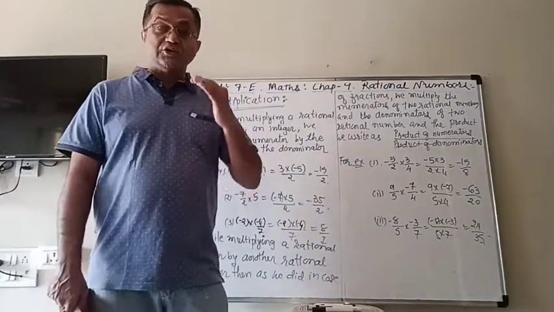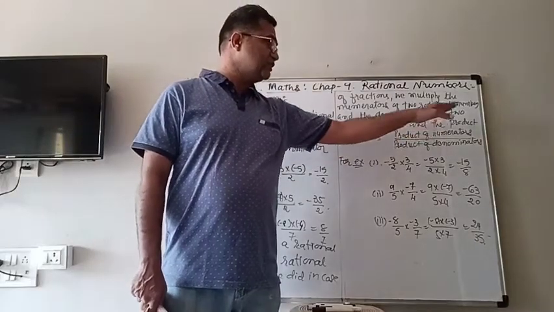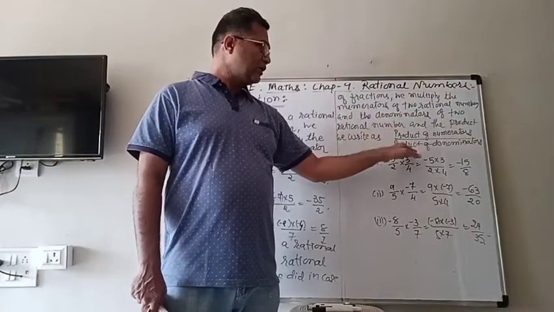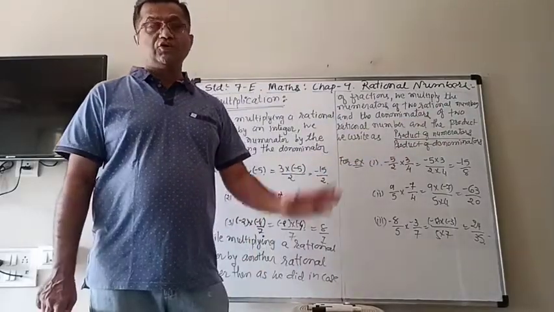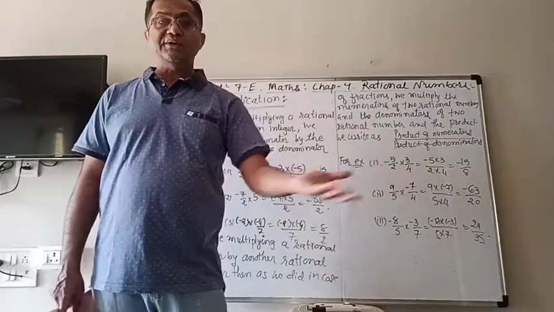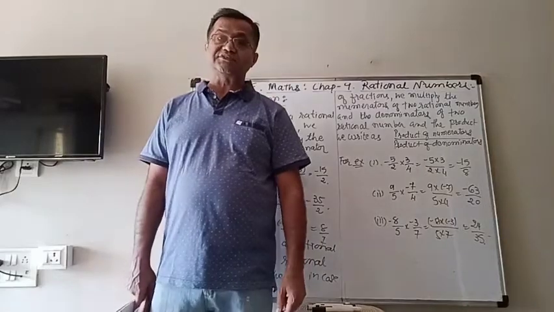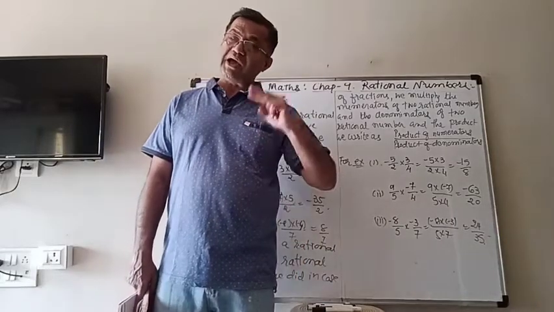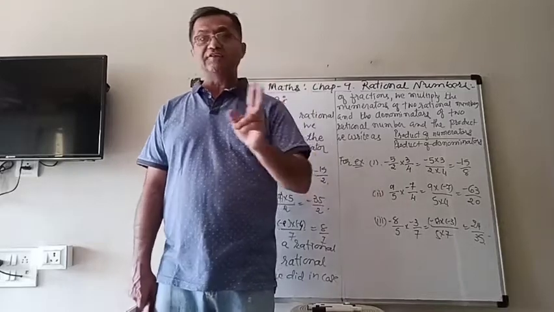Then you write down the answer as the product of the numerators upon the product of the denominators. So numerator with numerator, denominator with denominator, and then you write down the final answer.